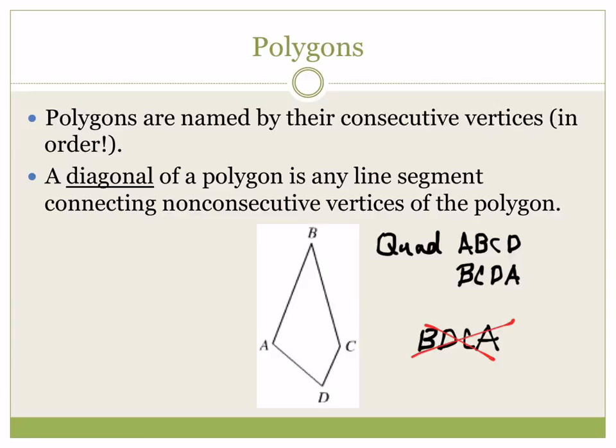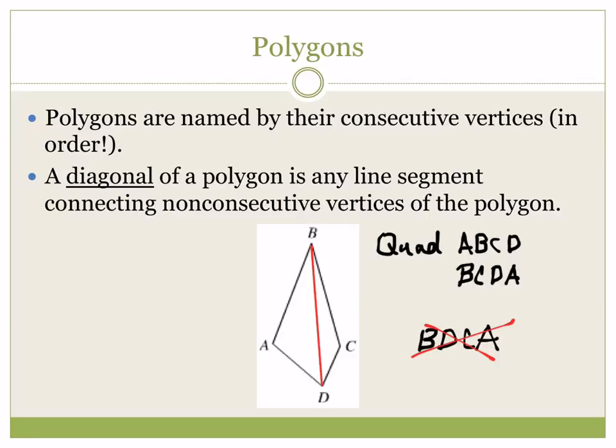In particular, what happened when I went from B to D is I went through a diagonal of my object, in this case a quadrilateral. So a diagonal of a polygon is any line segment connecting non-consecutive vertices of the polygon. So if I go from B to D, if I make it large enough on my screen, I might be able to connect them.